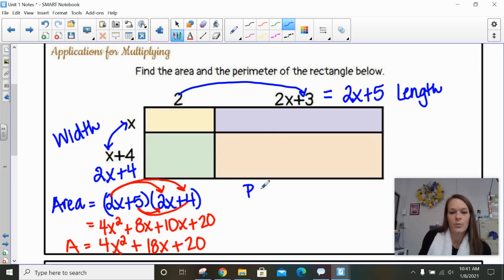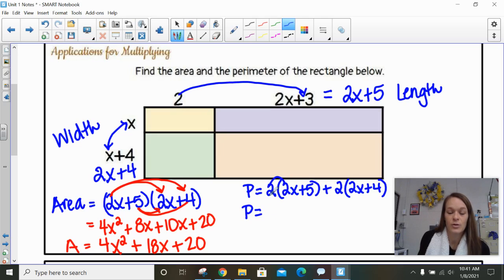All right, and then perimeter, remember that's 2 times your length, which is 2x plus 5, plus 2 times your width, which is 2x plus 4. All right, so distribute. 2 times 2x is 4x. 2 times 5 is 10.